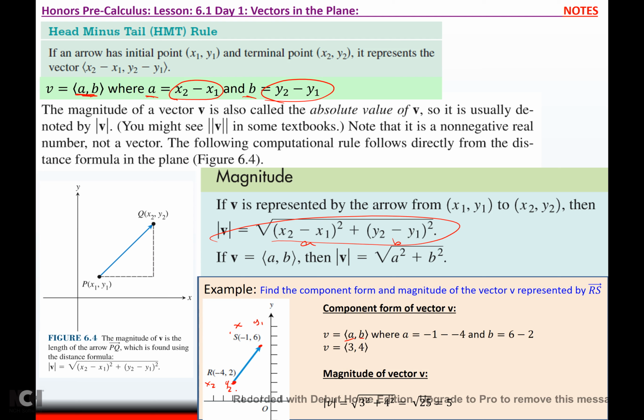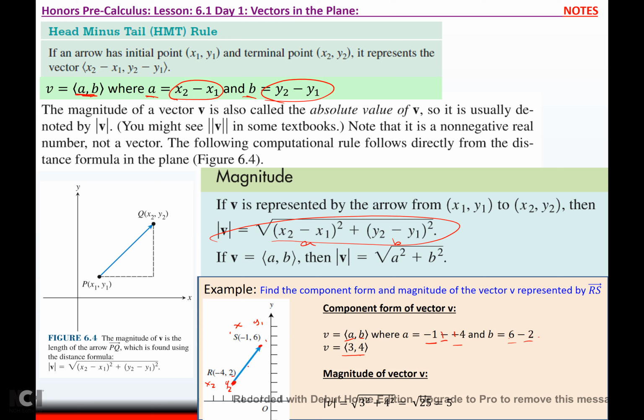To figure out A, I would take x2, which is 4, minus x1, negative 1. That turns positive, which gives me 3. And to figure out B, I would take 6 minus 2, which is 4. So this vector would be represented by ⟨3, 4⟩.